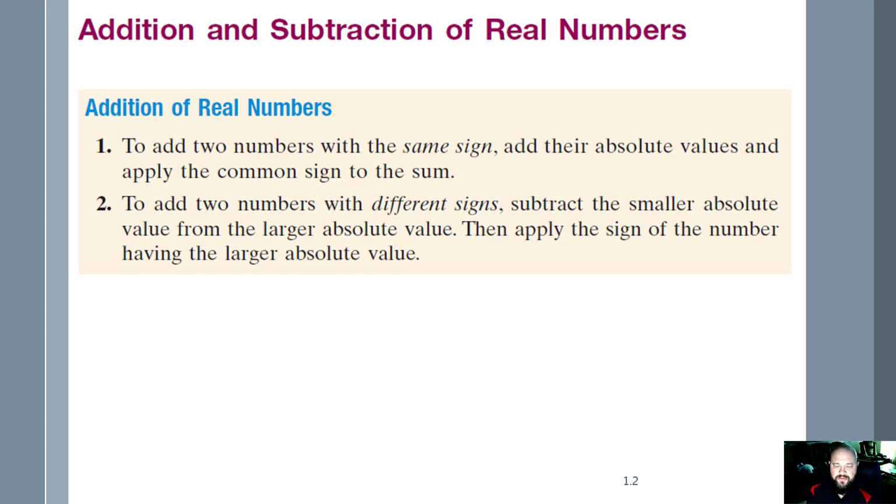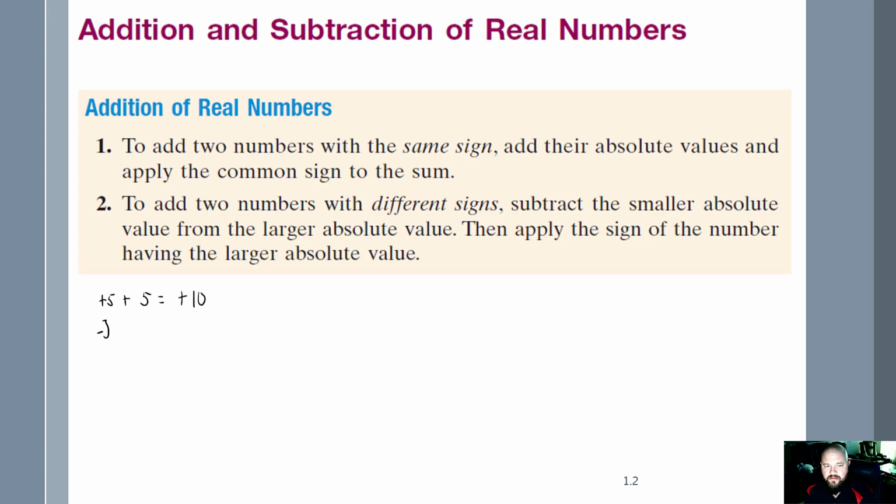So in other words, if you had something simple like a positive 5 plus 5, well, you add the absolute values, so you get 10, and it would still be positive.